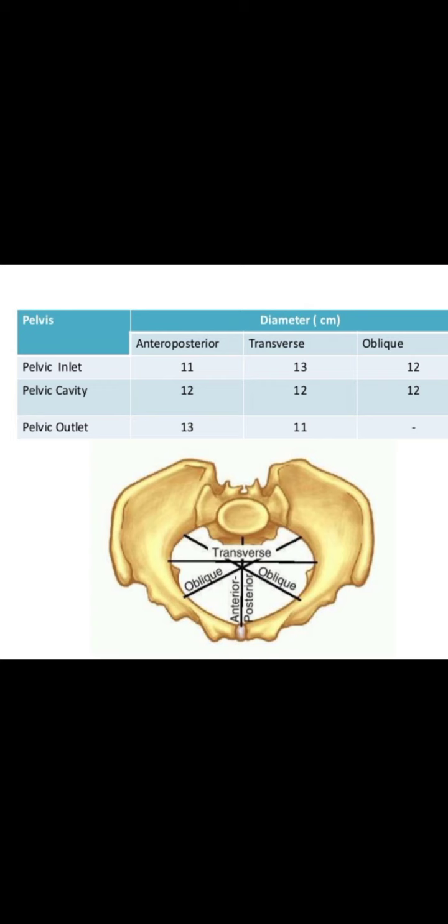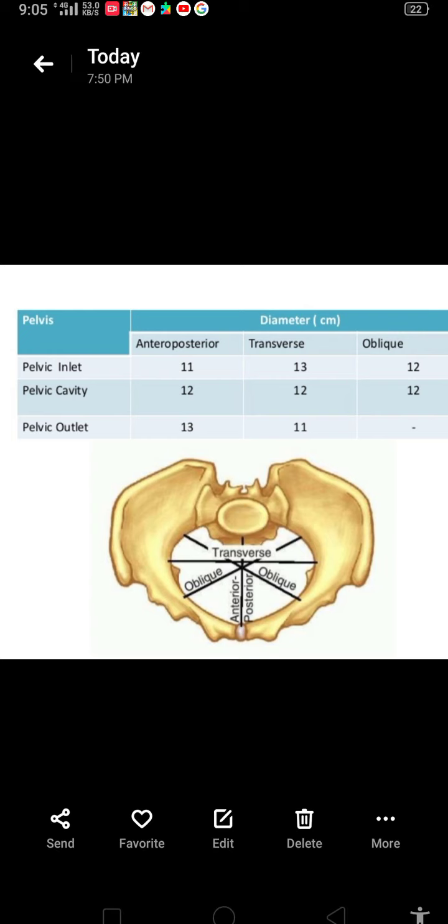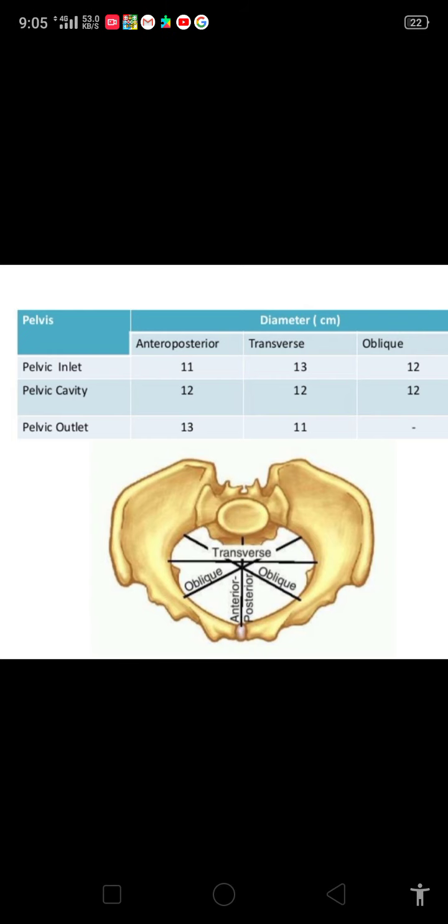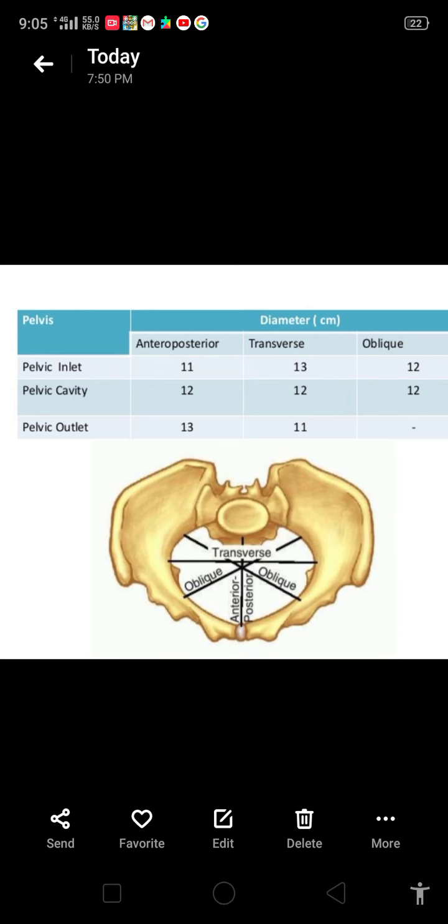The last type of anterior posterior diameter is the true conjugate. It extends from the sacral promontory to the upper inner border of the symphysis pubis, and it measures 11 centimeters. So that was the anterior posterior diameter of the brim.